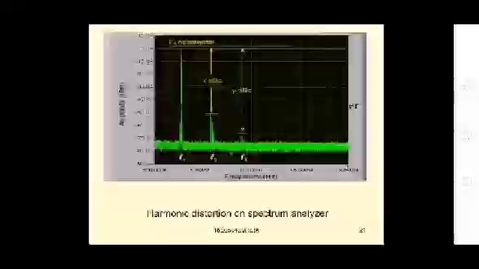Here f1 is your fundamental frequency, f2 is your harmonic, f3 is another harmonic. The spectrum analyzer draws the spectrum, with the y axis as amplitude and the x axis as frequency. Here f2 is less than x dB from f1, and f3 is less than y dB, that is decibels.